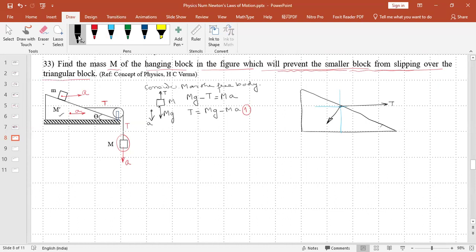This angle is theta, given. So this angle is theta, and so this angle is theta.